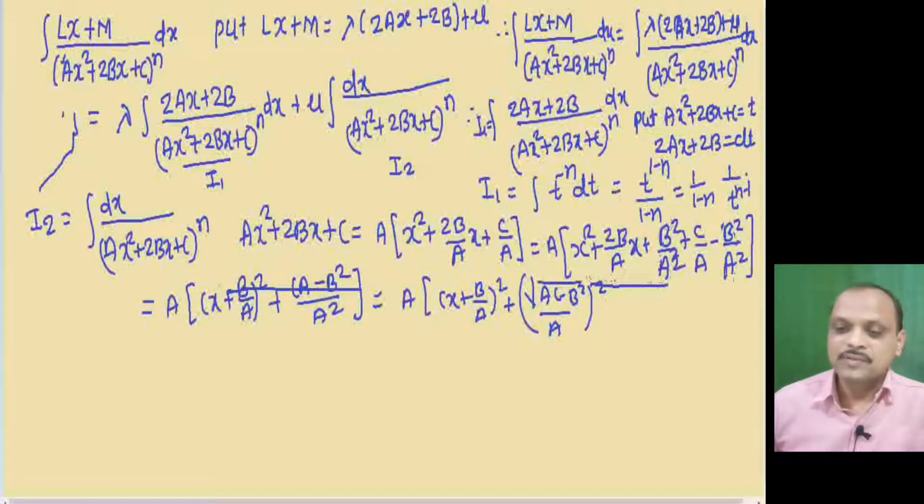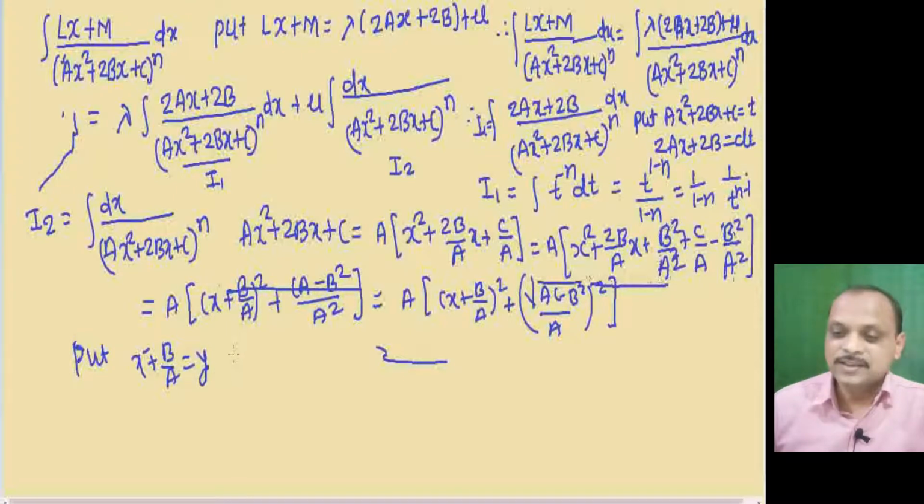Now if we put x plus b divided by a equal to y, and this under root of (ac minus b square) divided by a equal to k, then this will be a into (y square plus k square).